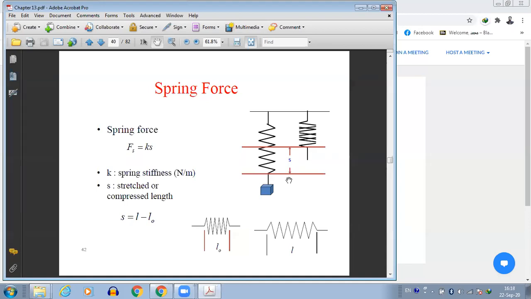But keep in mind that when we are using S in the spring force equation, S is the stretch, meaning how much stretch, L minus L naught, not the total length. Okay, is this point clear? Okay, good.